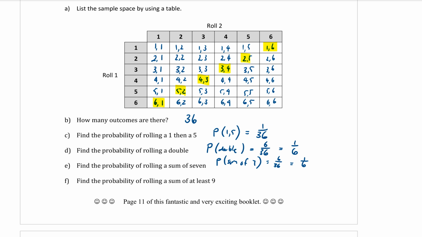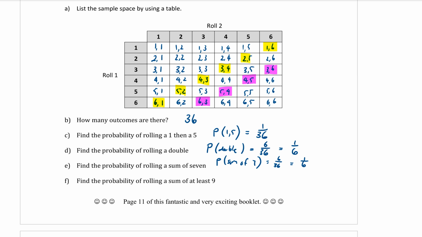Part F, find the probability of rolling a sum of at least 9. Careful with the words. When I say at least 9, does that include 9? Yes. So the sums of 9 would be 6 and 3, 5 and 4, 4 and 5, and 3 and 6.